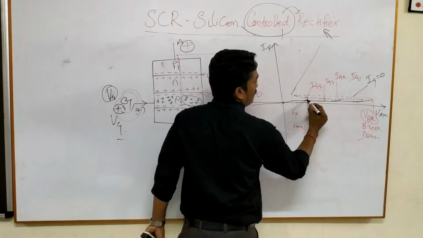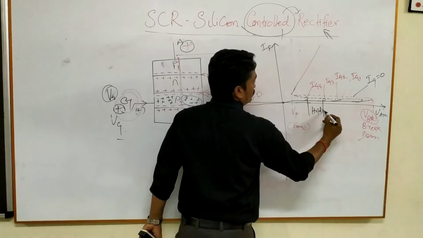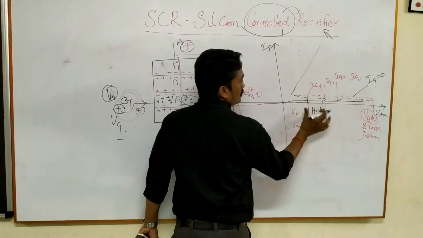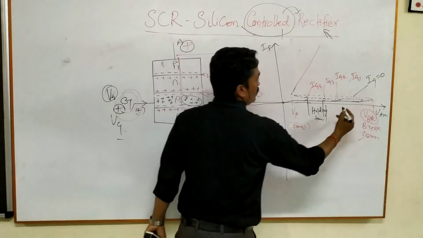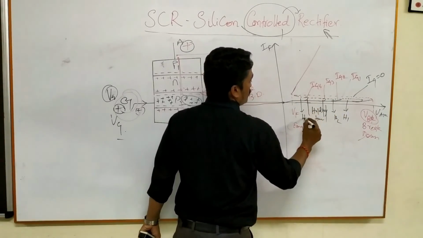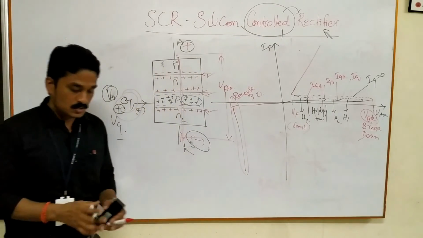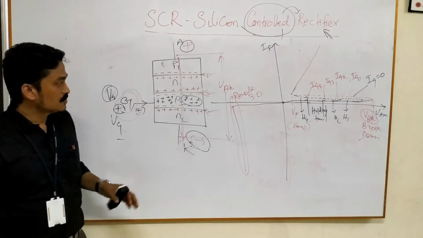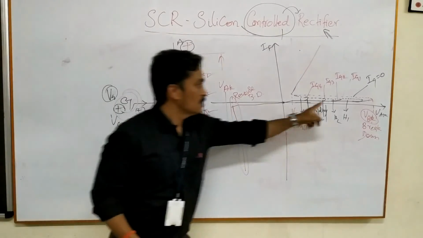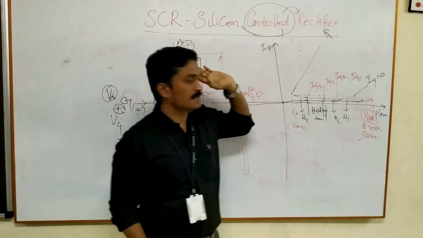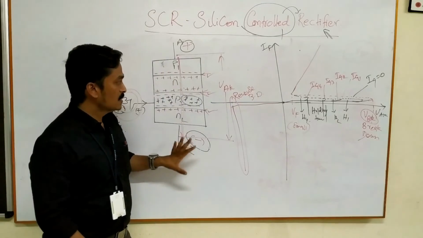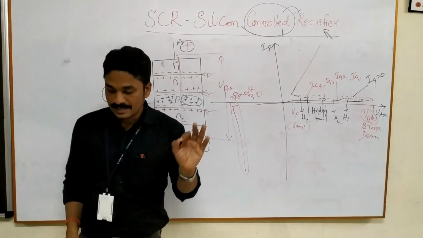And this particular time is usually called holding time, because till then no current will flow. So this particular region is the holding current. In many textbooks they have given H1, H2, H3, H4 and so on, right? Usually where we get confused is over here: when we apply gate voltage, the quicker breakdown occurs, and how the voltage is reduced and the current is increasing like this, right? So this is all about the silicon controlled rectifier.